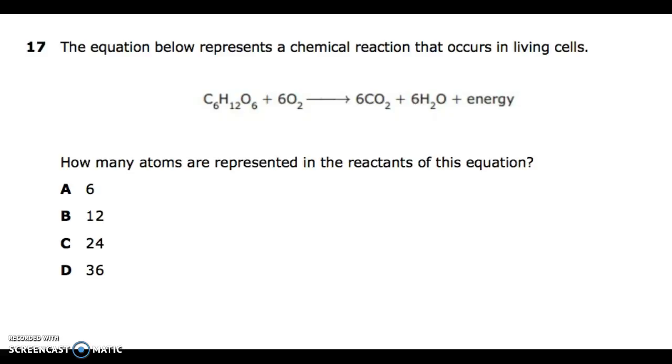How many atoms are represented in the reactants of this equation? A, 6, B, 12, C, 24, D, 36. Also, look at the notes on question 3 for the definition of reactant.